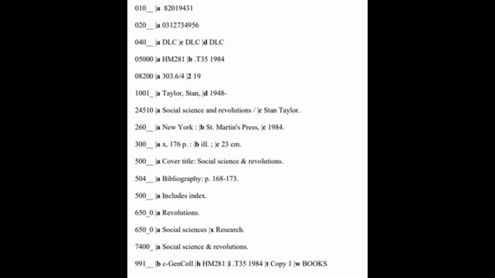Then we have tag 260, the publication information. We have there New York, then subfield code B, St. Martin's Press, the publisher, and then the copyright date or the publication date, which is 1984, then full stop.